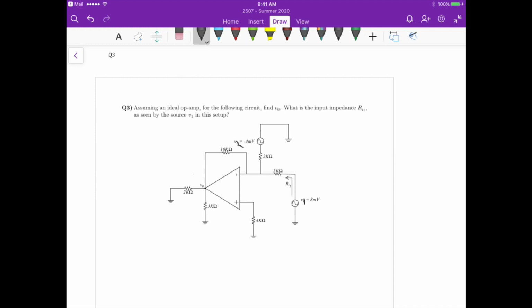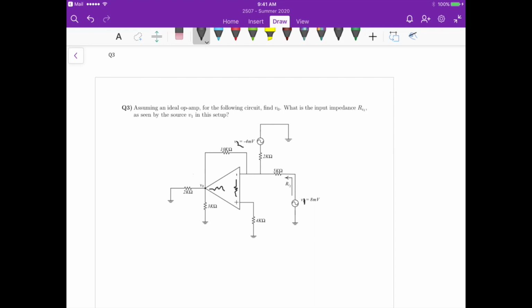Because we are considering an ideal op amp, remember that for an ideal op amp we have an infinite gain, an infinite input resistance, and zero output resistance inside the op amp. Those are the conditions for an ideal op amp.